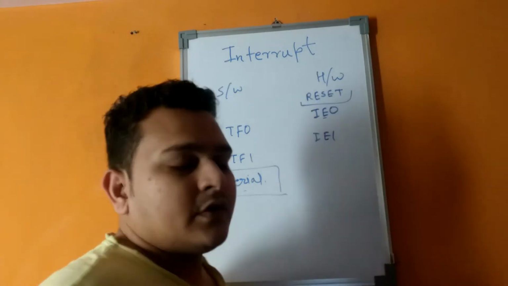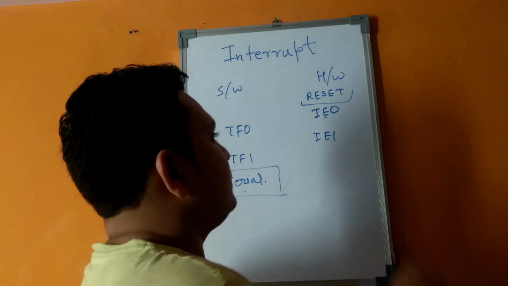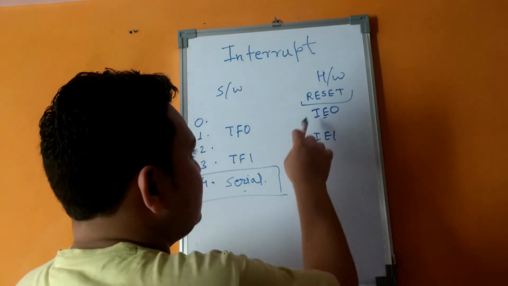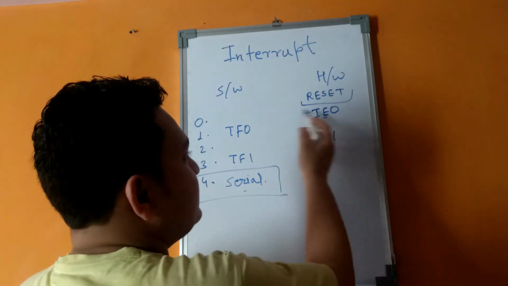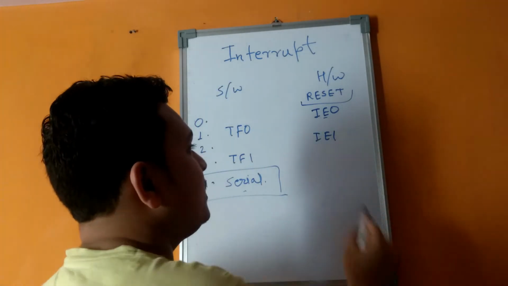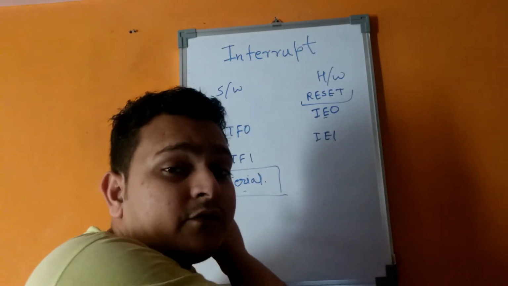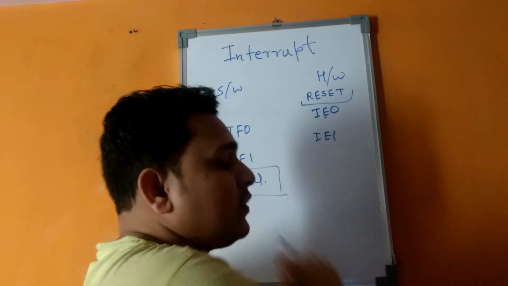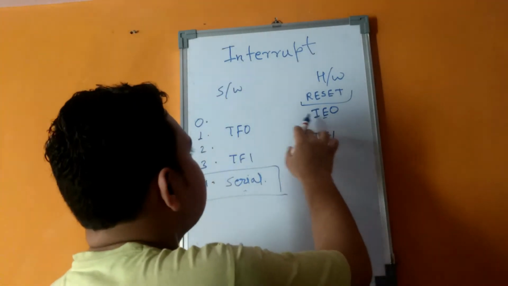Reset is not in our control. Reset is already provided. So what we can control is these 5 interrupts, and now we are just explaining these 4 interrupts to you. So first of all, I gave the name 0. So you have to remember this number, or you can search on Google. This has number 0.